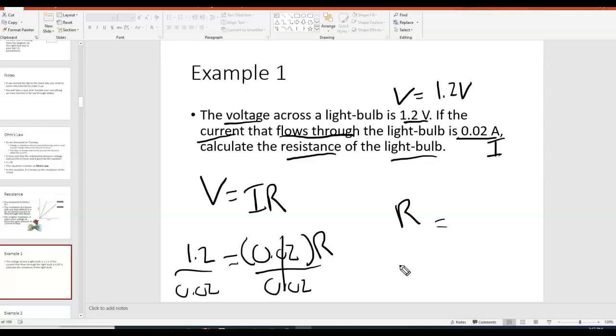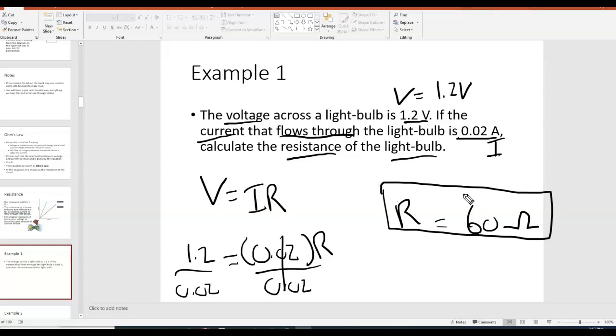And just a quick reminder, remember that the unit for resistance is the ohm, and the way that you represent that is with the horseshoe looking symbol that is an omega. Okay, so R equals 60 ohms is how you would say that. Okay, actually let me try to do a better job on that ohm. 60 ohms, something like that. Okay, so very basic type of calculation.